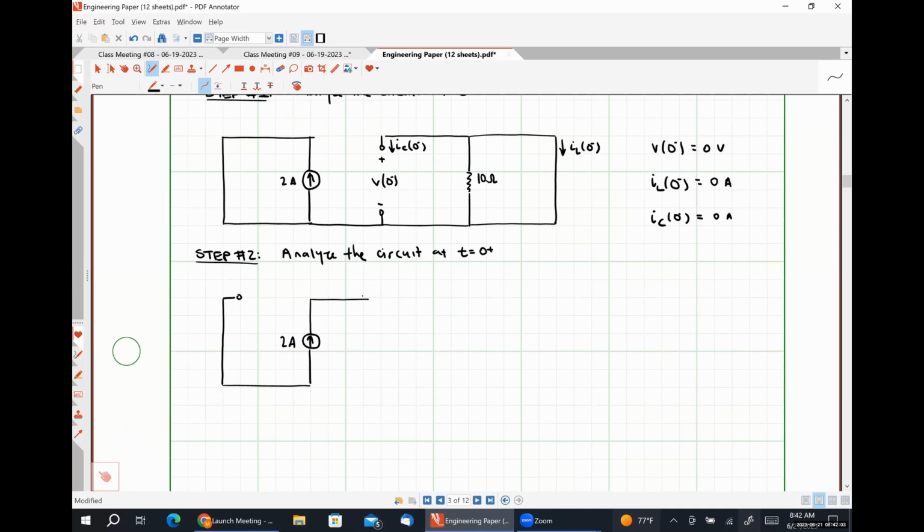Since the voltage drop across our capacitor was 0 volts at t is equal to 0 minus, it needs to continue being 0 volts at t is equal to 0 plus. So my capacitor at this specific instant in time is going to look like a short circuit. Here is my 10 ohm resistor. Since the current flowing through my inductor at t is equal to 0 minus was 0 amps, my inductor is actually going to look like an open circuit.